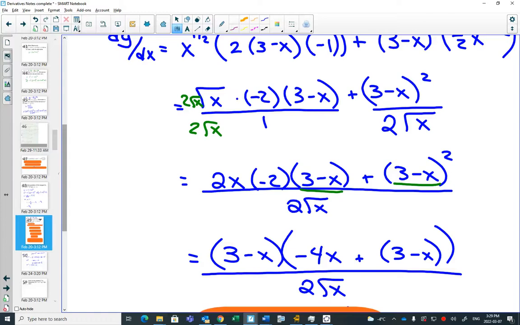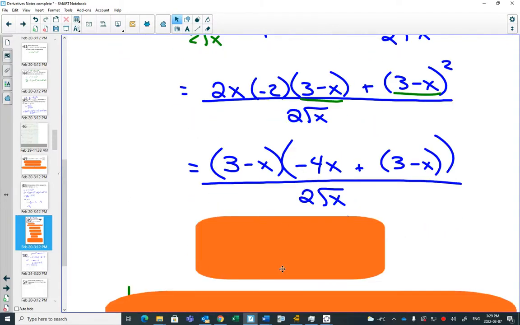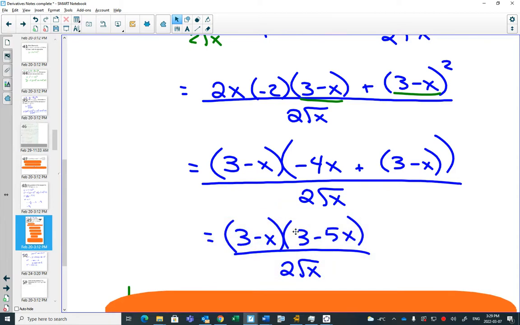What are you left with in your first one? Just a minus 4x. And you're left with a 3 minus x in your second one. Which, if you simplify that second one, matches up perfectly with the show that. These are the kind of show that questions you'll get on quizzes and tests.